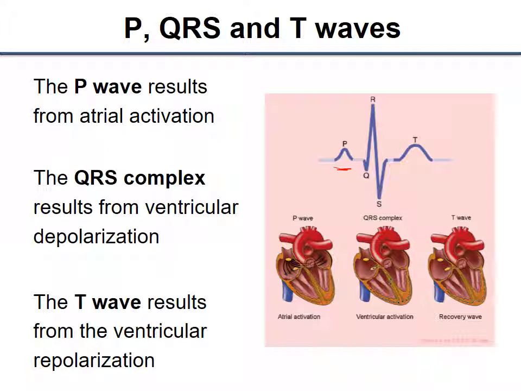So this is the big action, because again, the ventricular action is the big pump inside the heart. Now after that happens, we get the T wave, which is effectively what we measure when the ventricles repolarize themselves.